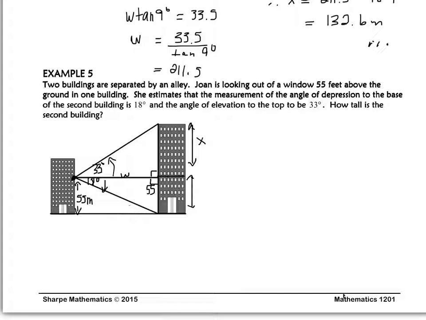So that's what I'm going to do first. I'm going to find W, and again I would use tan of 18 degrees equals opposite, which is 55, over adjacent, which is W. And then I would cross multiply.